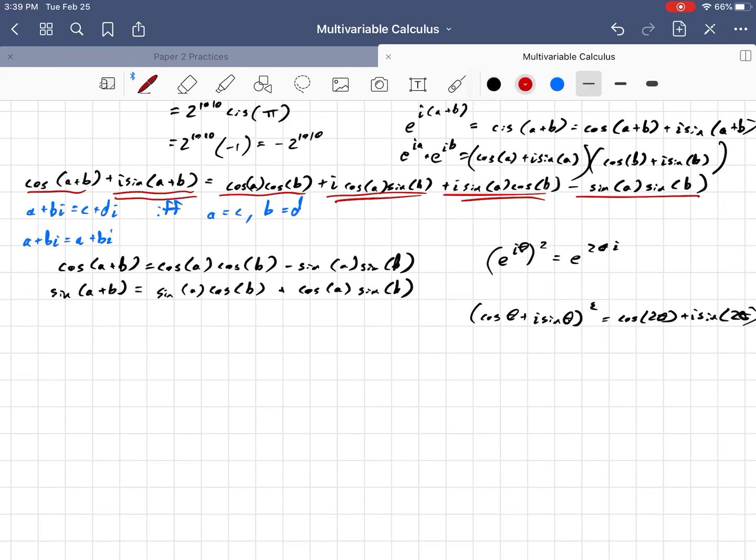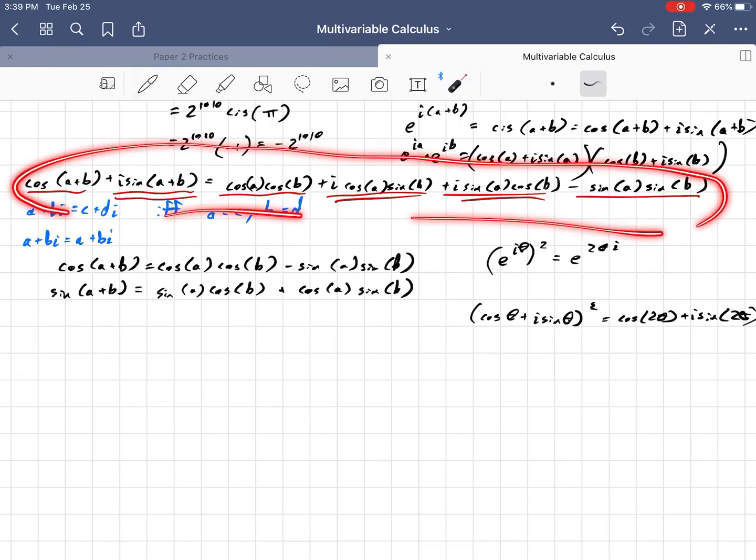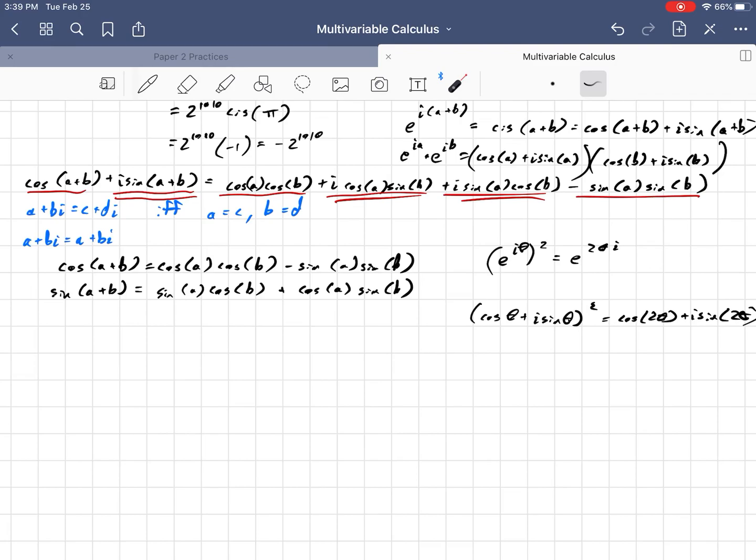And you could do almost verbatim what I did up here, except you're just going to be looking at cosine 2 theta and sine 2 theta instead, but the process is exactly the same. So this is a way to remember those pesky trig formulas that might show up on our tests. So I hope you enjoyed.